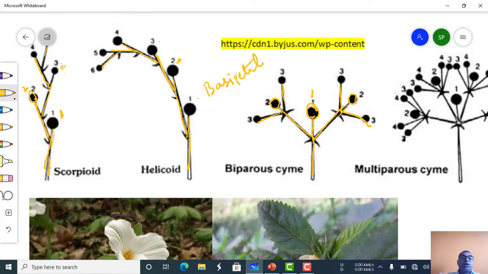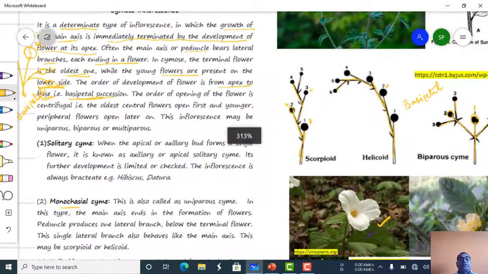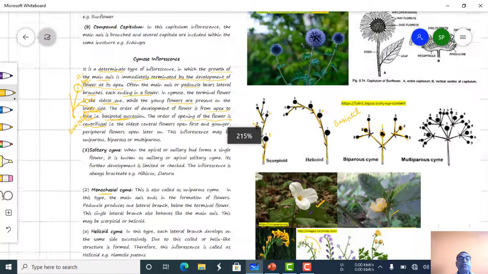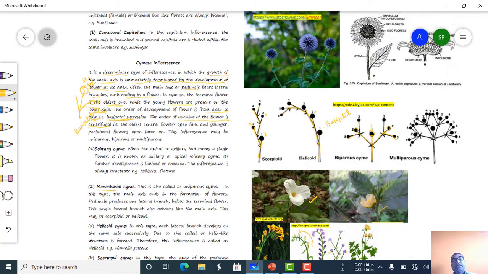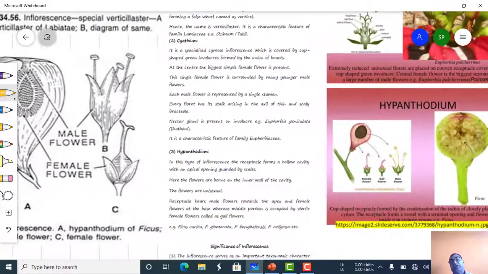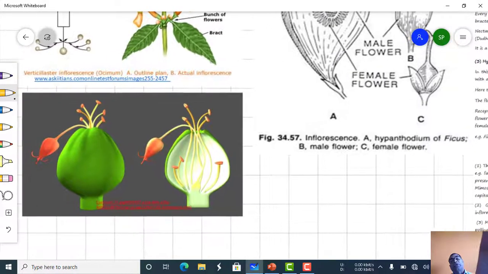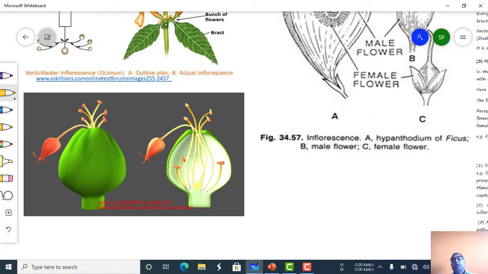So in a cymose type of inflorescence, basipetal succession is present, or the order of opening of flowers is centrifugal. What is centrifugal? Centrifugal is the opposite of centripetal. In centripetal succession, the central flowers are younger, while the peripheral flowers are older.